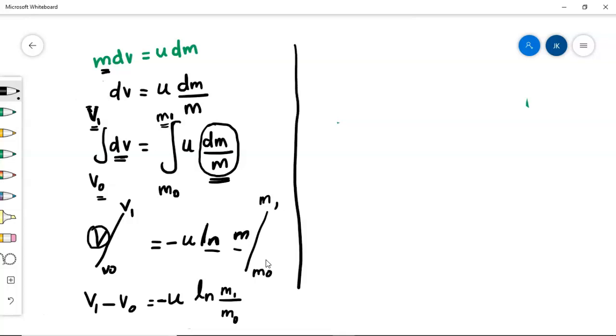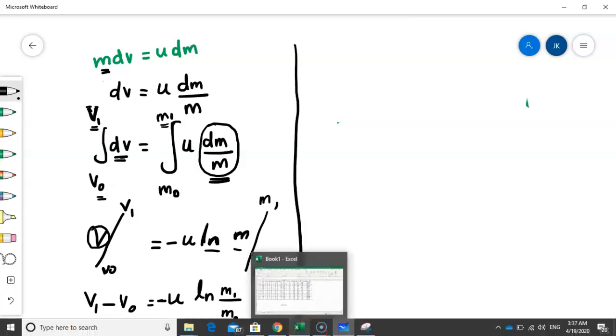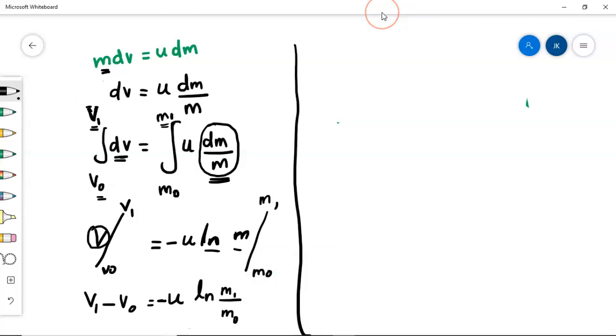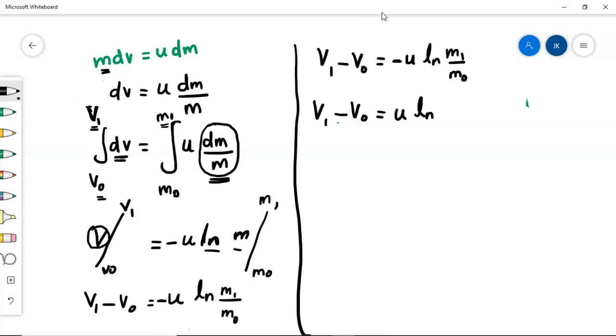So v1 minus v0 is equal to minus u ln m1 by m0. I have written this again. So what are we going to do? I want to change this negative, so here I can take the reciprocal, m0 divided by m1.